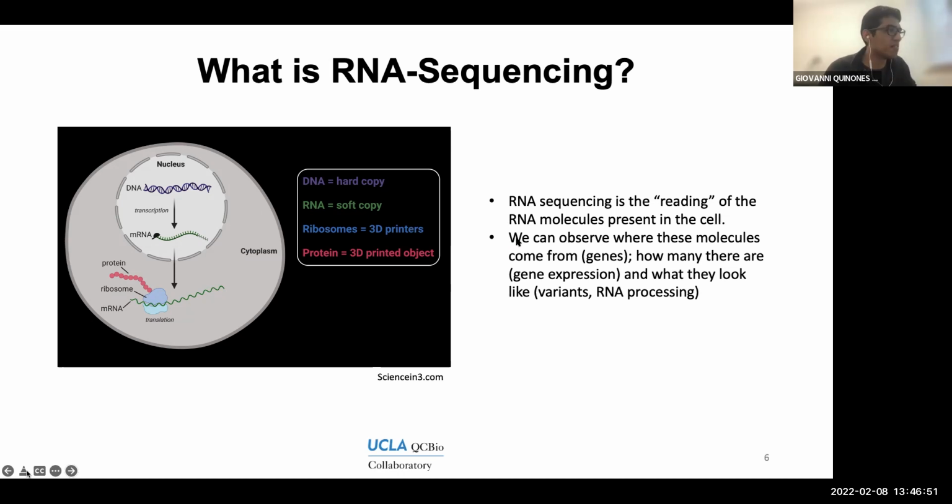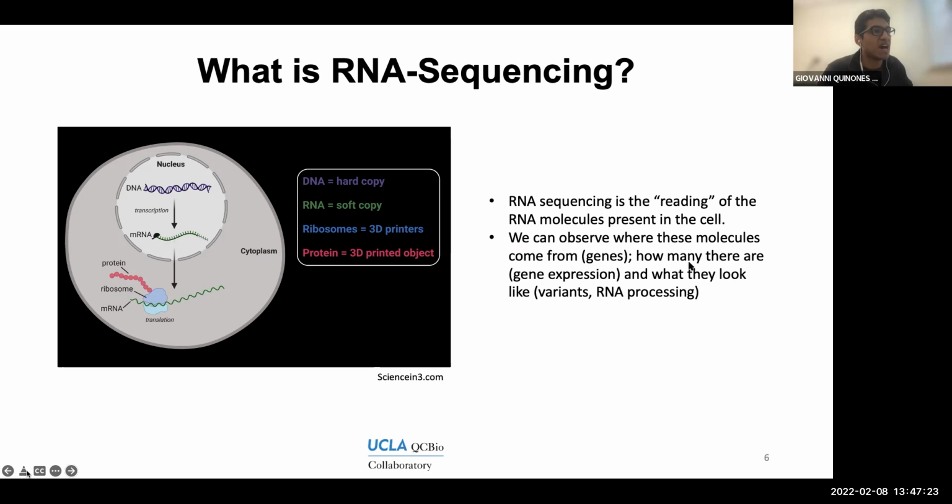We're learning quite a few things actually when we sequence RNA. We're learning, for example, where these molecules come from, which means the gene of origin. For every particular gene that is encoded in your DNA, through the process of transcription, you're going to generate multiple copies of RNA. Thanks to sequencing, we can collect these molecules and find out which gene they came from.